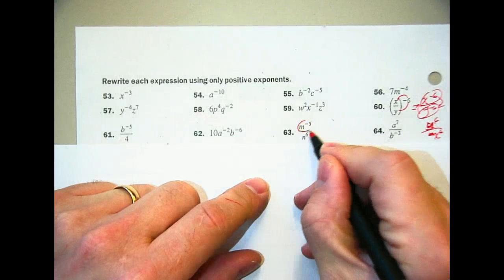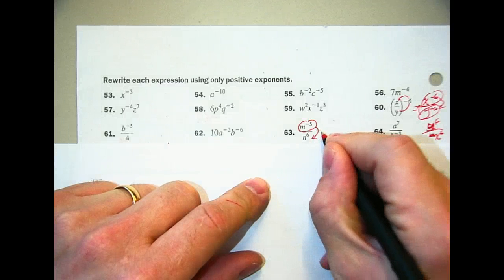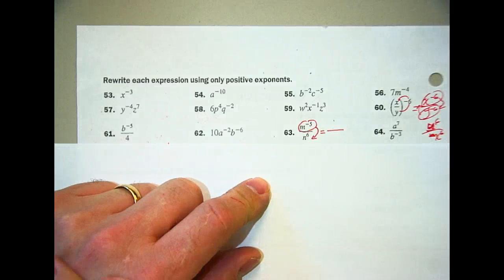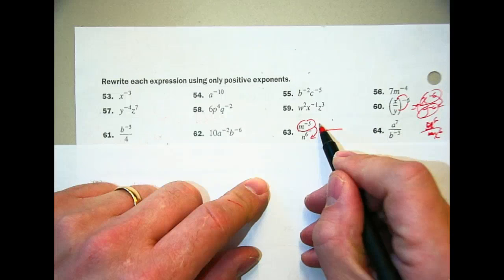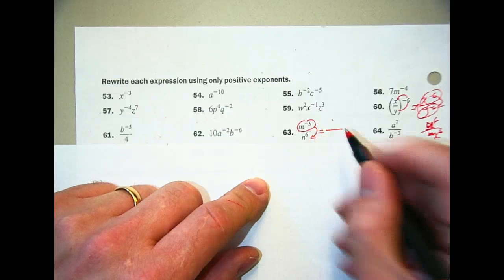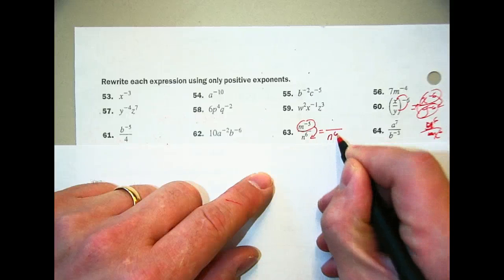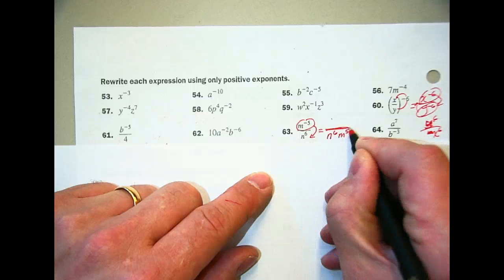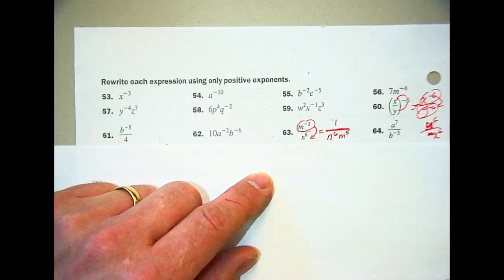This right here is a negative exponent, therefore it moves down. Does the n to the 6th move up? No, you do not flip the fraction. You just move the portion with the negative power, down or up. In this case, n to the 6th is already positive, so it stays there. M to the 5th moves down, and the placeholder on top is 1. Now, you usually write that alphabetically, but there we go. Okay?